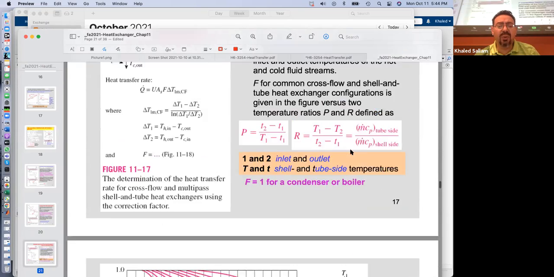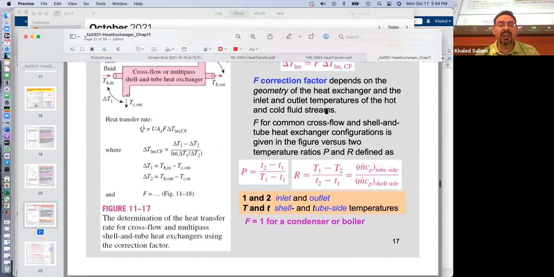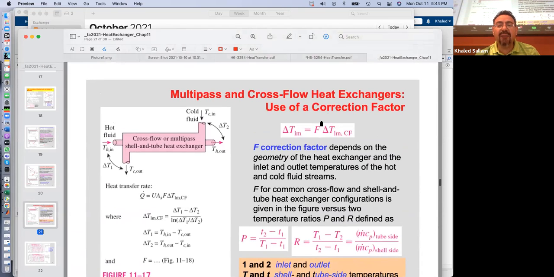So they do all those configurations. For all those configurations, we have to multiply the logarithmic mean temperature difference that we calculated by a correction factor. Okay. You see that correction factor?